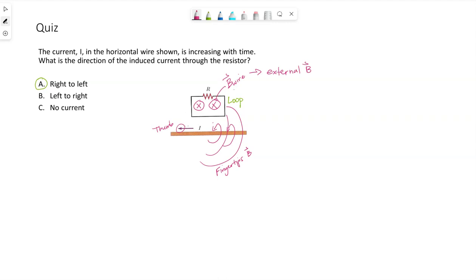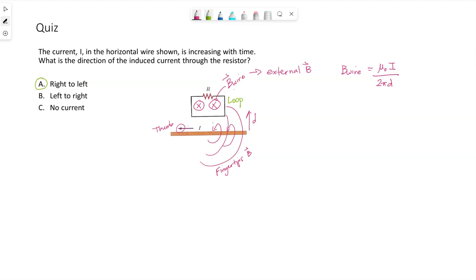We know the strength of the magnetic field due to a wire depends upon how much current is flowing through it and how far away, so D, how far away from the wire we're talking about.